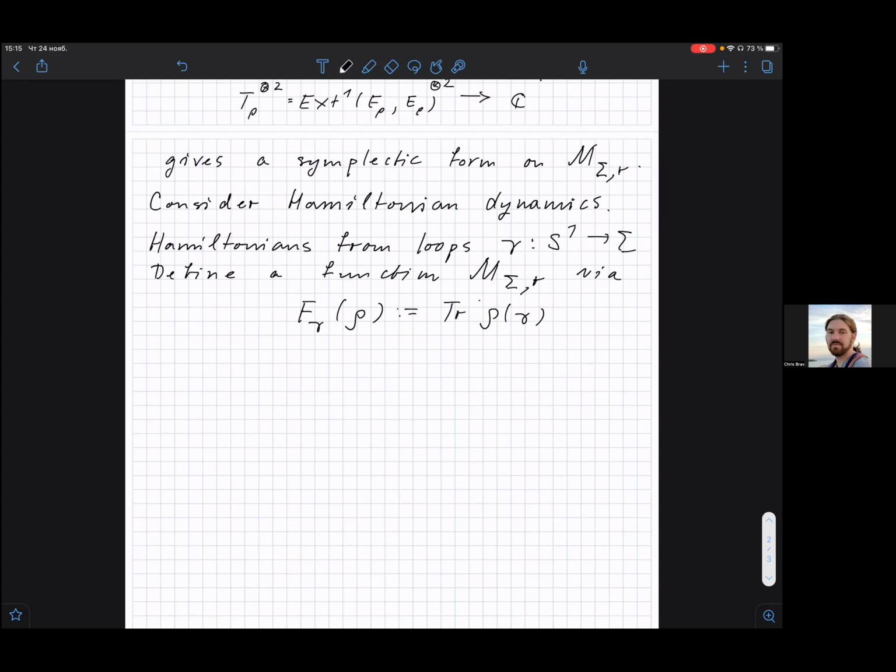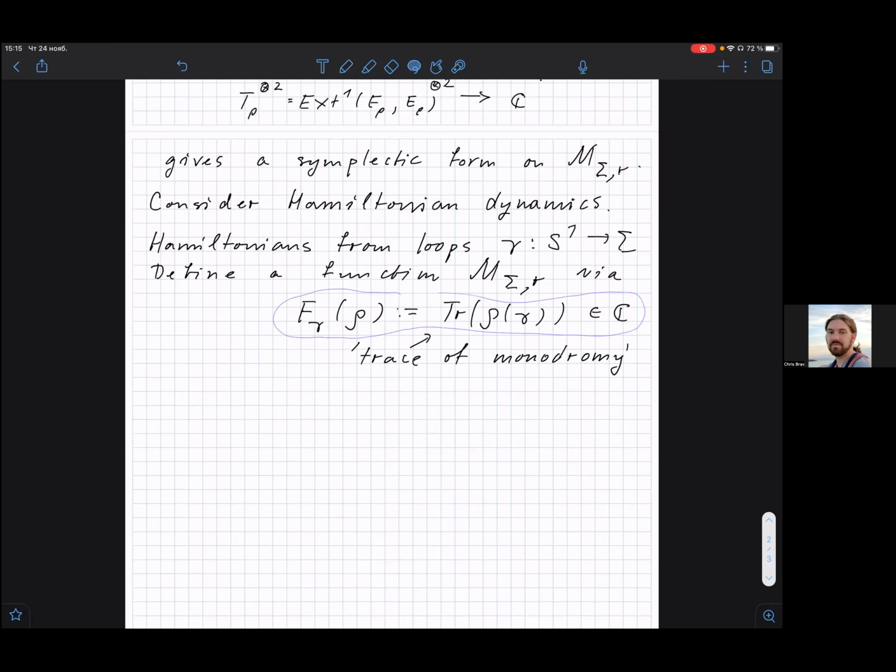That gives a number. This is called trace of monodromy. I think that Goldman maybe calls it trace of holonomy because maybe he works with connections instead of local systems. So that's a function for each gamma.